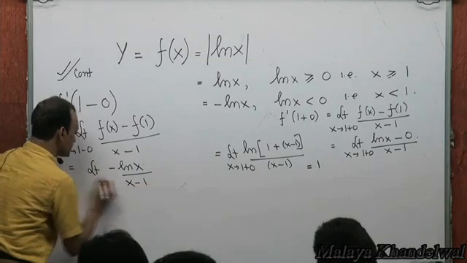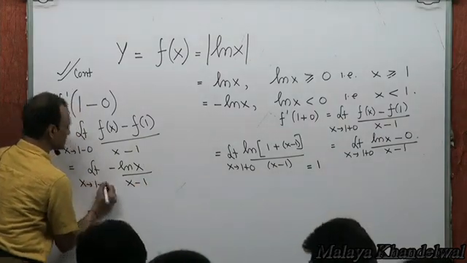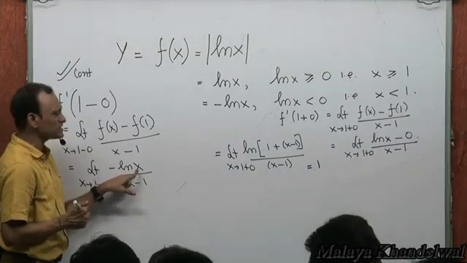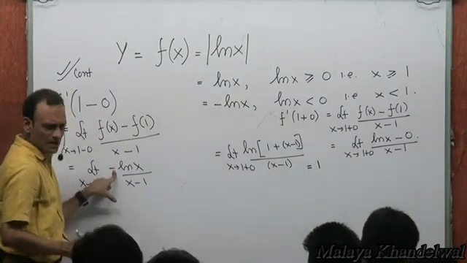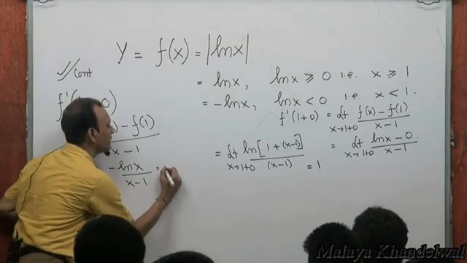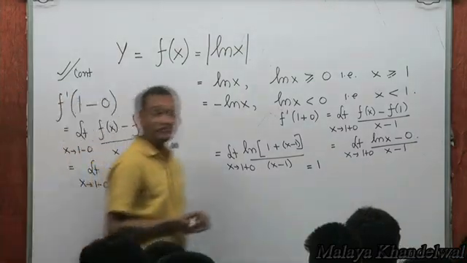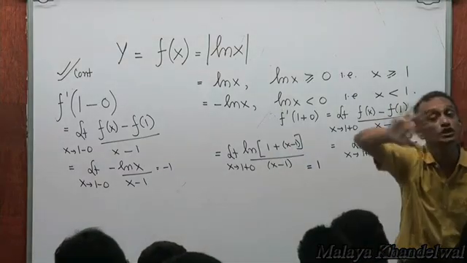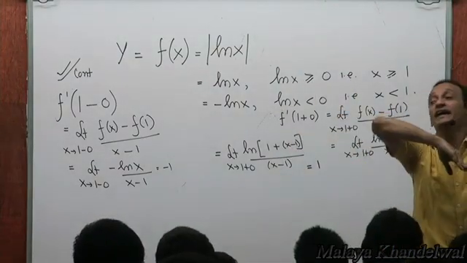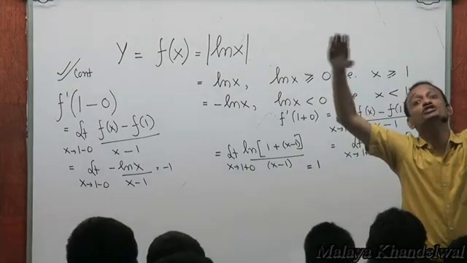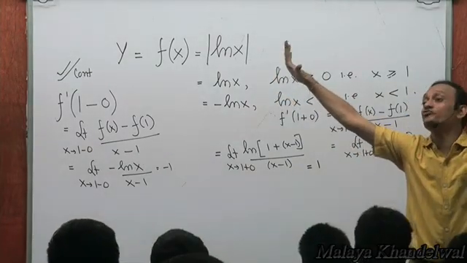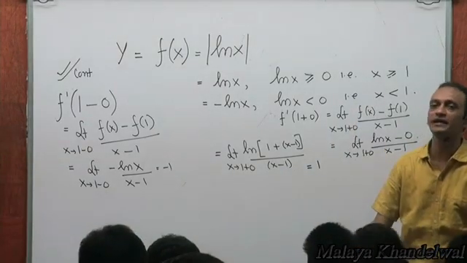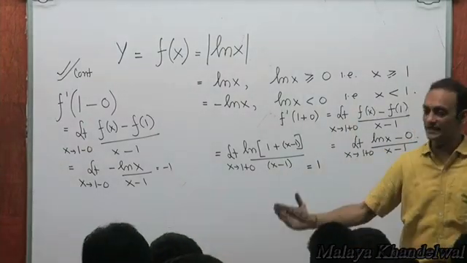In exactly the same way, you write this x as 1 plus x minus 1. It's the same as this except that there is a minus sign appearing, and this limit would be minus 1. So the slope of the left hand tangent is minus 1, slope of the right hand tangent is plus 1. The function is not differentiable at x equal to 1. At x equal to 1, it has two distinct tangents. Uniqueness of tangency does not prevail at x equal to 1. The function is not differentiable, not derivable at x equal to 1.